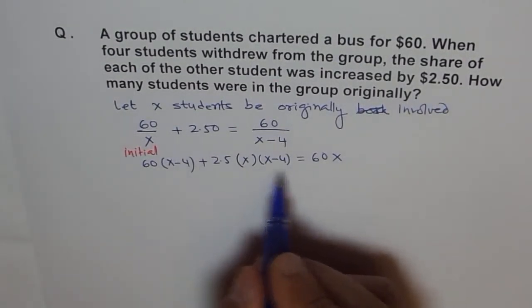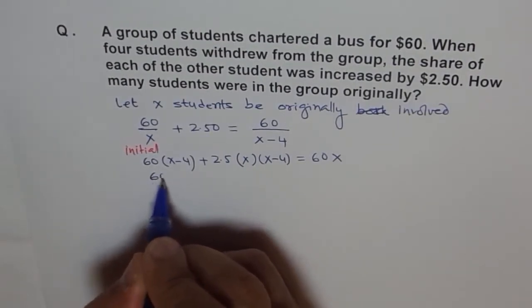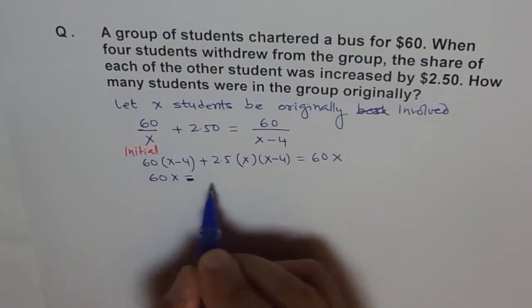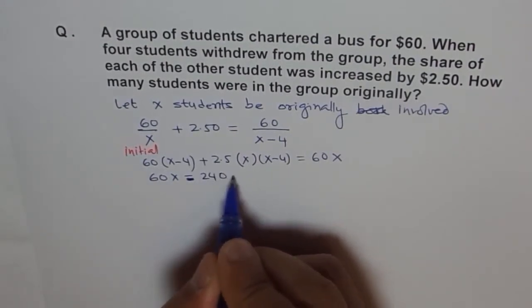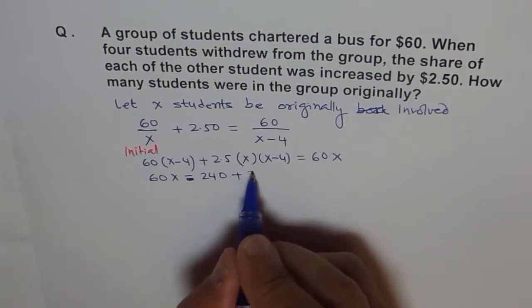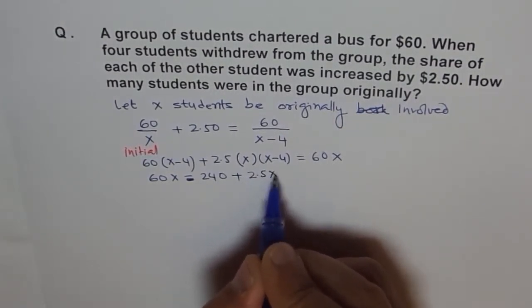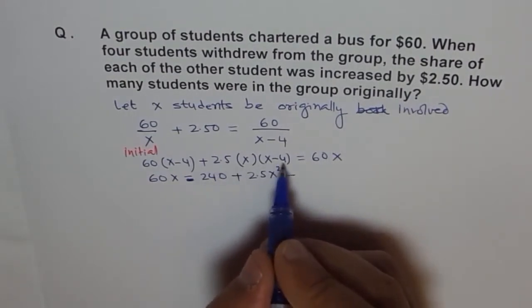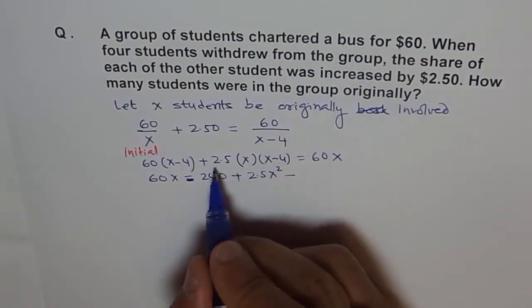Now we'll solve it. So open the brackets and reorganize. So we'll have 60x minus 240 plus 2.5 x square minus 2.5 times 4 is 10, right?